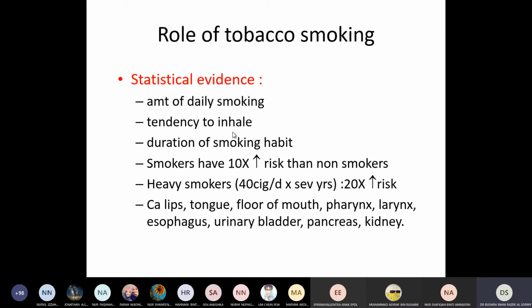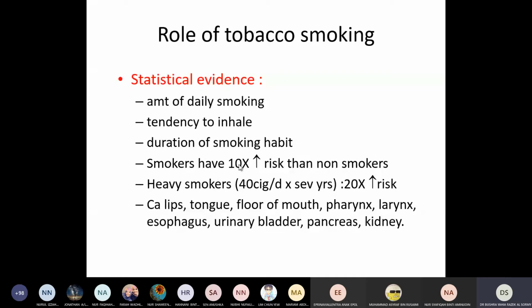Tendency to inhale matters, and passive smokers have the same risk as active smokers. Also, susceptibility varies from person to person. In some people, cigarette smoking affects them and causes cancer, and in some there is little effect. It takes a long term of smoking.